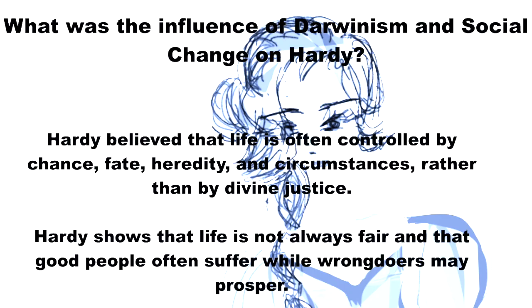Hardy also adopted this modern perspective in his work. As in his work also, we get to see a new way of thinking, where life is often controlled by chance, fate, and heredity, and circumstances are more profoundly to be seen than divine justice.